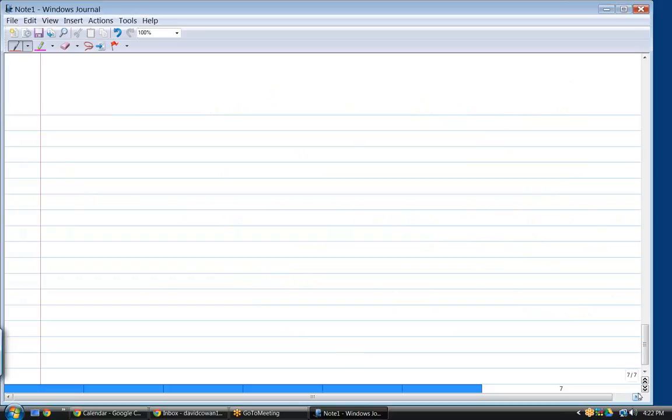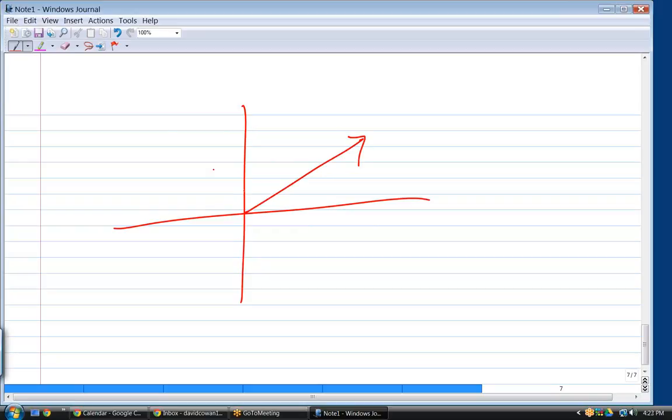What makes two vectors perpendicular to one another, or orthogonal? When they're perpendicular. In other words, if I want to know if that's a 90-degree angle or not, what has to be true if that's a 90-degree angle?